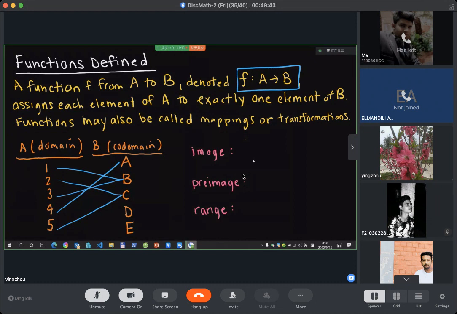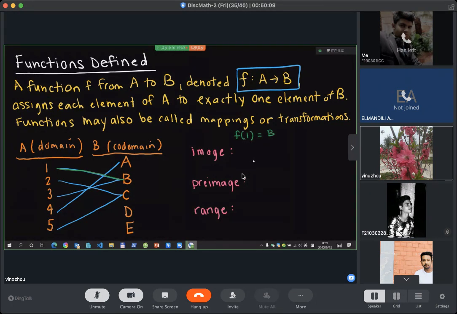And obviously, it's important for us to know some of the terminology that we might see. So if we're talking about the image, let's say we know that f of 1 equals b, and I know that because that is this line right here. 1 maps to b, so if the input is 1, the output is b.